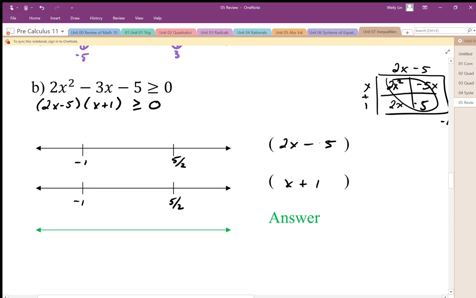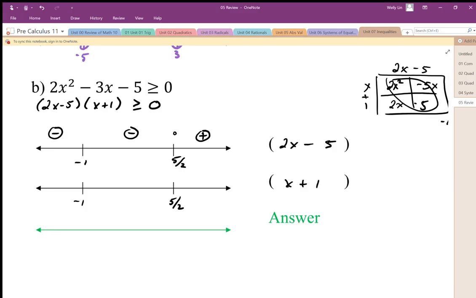For the 2x minus 5, we know that this is our 0 boundary. And so when I go to the right, I know that's going to be positive, and to the left negative. Okay, and I can just check by plugging in some numbers. 0, yeah, it's going to give us negative. If I plug 10 into here, I get positive. Okay, so there's my sign analysis for that factor.